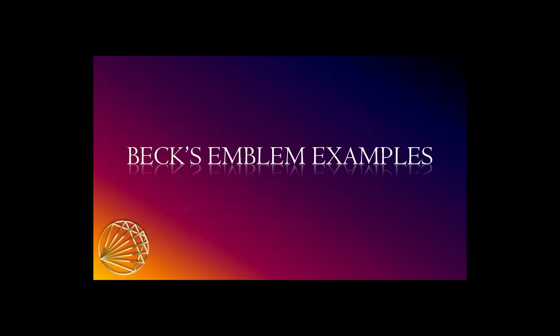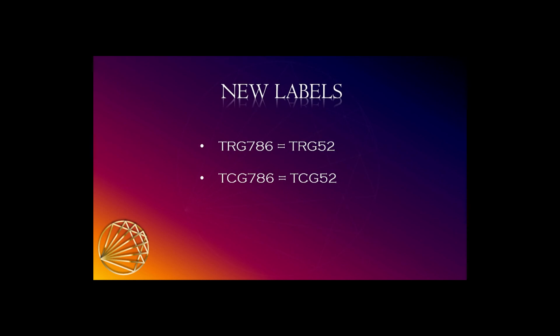Let's look at a number of different BECK'S emblem trade setups in different markets. In the Gartley trading method book, you would have learned about the TCG and the TRG. TRG stands for Trend Reversal Gartley, and TCG stands for Trend Continuation Gartley. There had to be a way to define what type of Gartley pattern we were looking at, especially when you go to Gartley's original material, because he was really talking about a Trend Reversal Gartley.